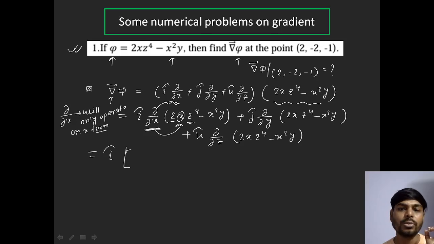So del x will just operate on the x. So del x of x, you all know what this is. This is nothing but the ordinary differential. So del x of x is equal to 1. So it is 2 and z to the power 4 as it is. Del x of x is 1.